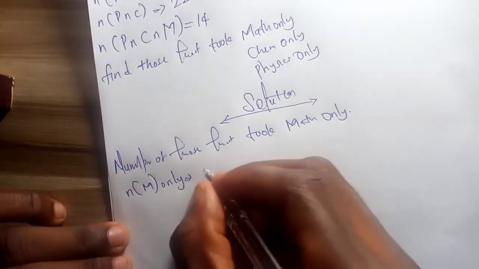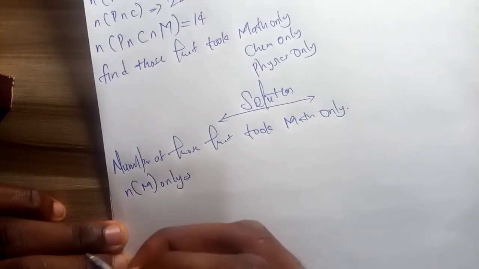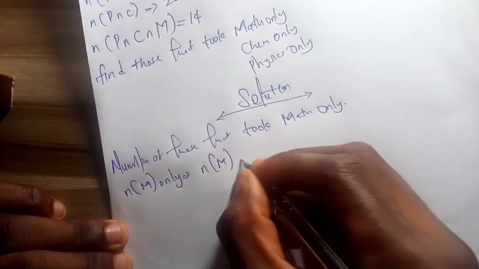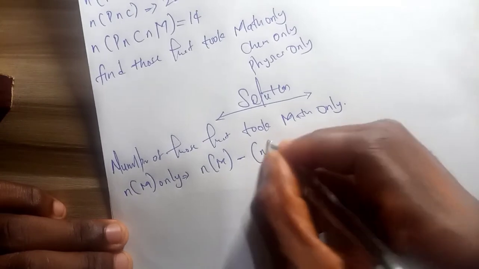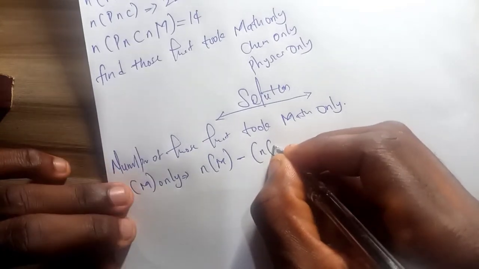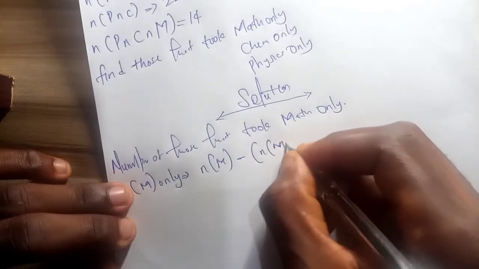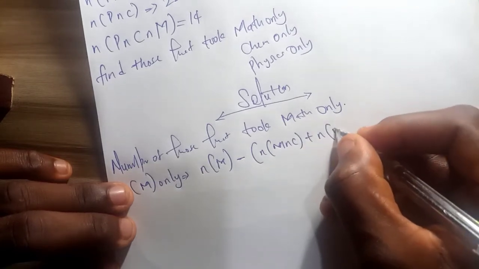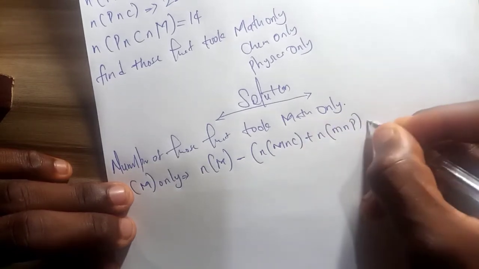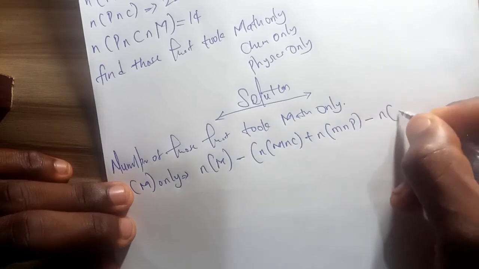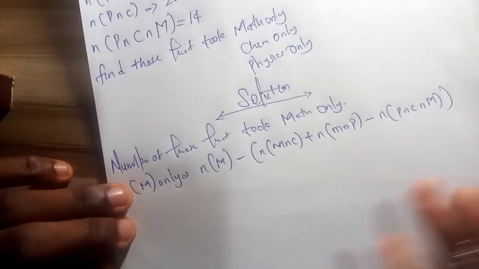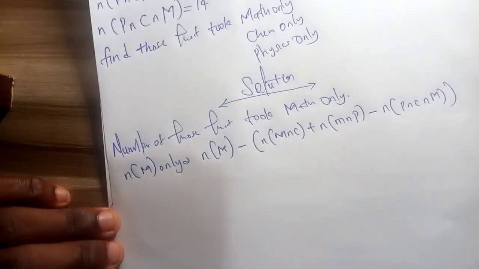This is the formula that we're going to use, which is only: the number of M minus, open a bracket, number of M intersect C plus number of M intersect P minus number of P intersect C intersect M. So this is the formula when you want to find anything only.